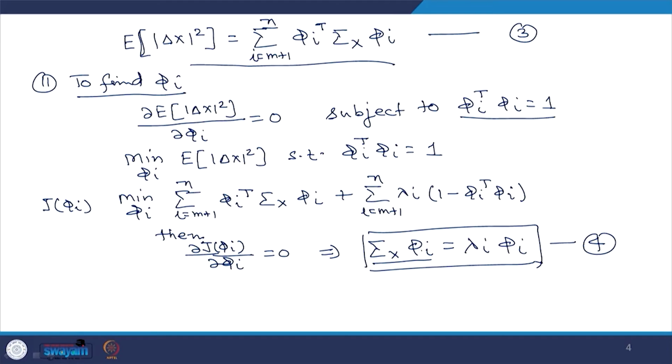So, basically what are phi i and lambda i? They are the eigenpair of the covariance matrix.